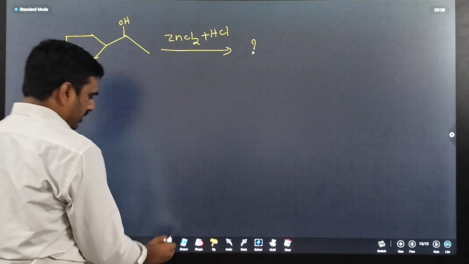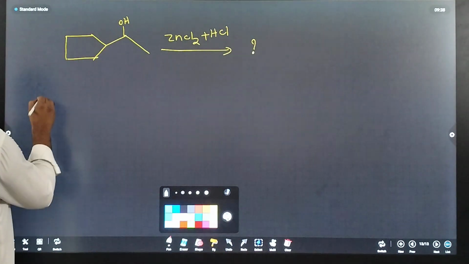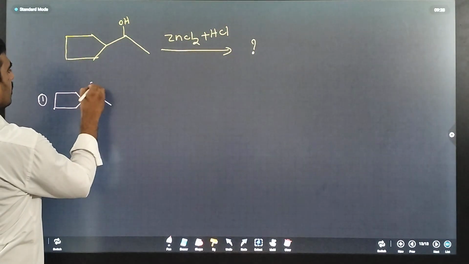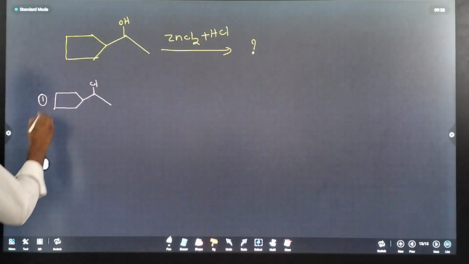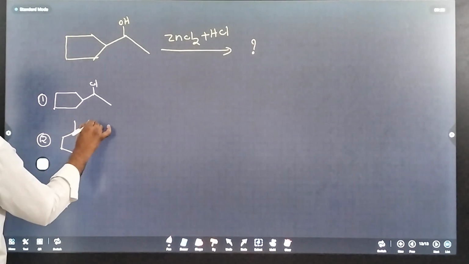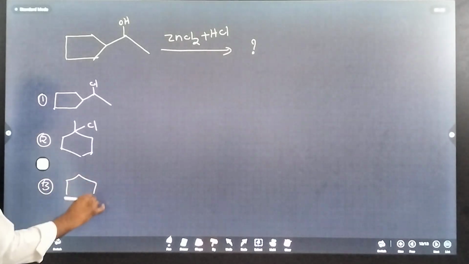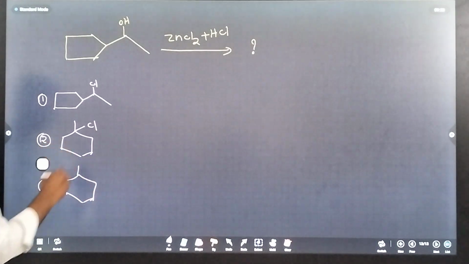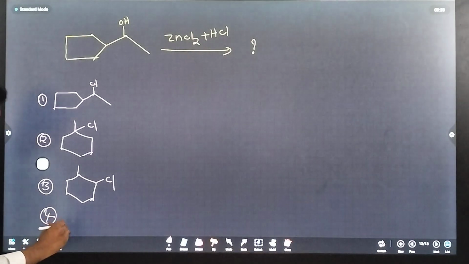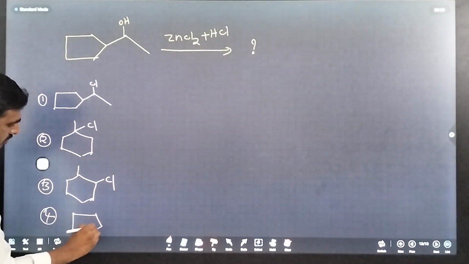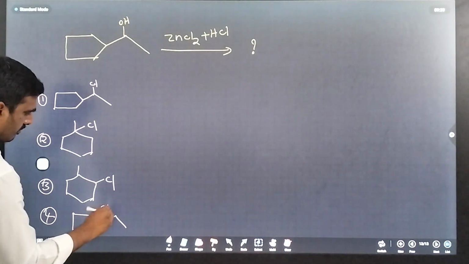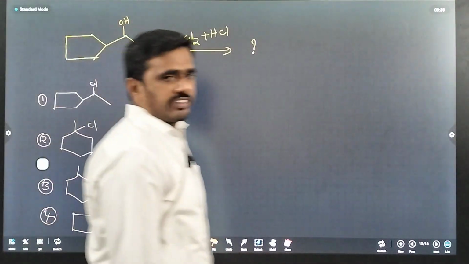Suppose the examiner is asking: option 1 Cl, option 2 Cl, option 3 Cl, option 4 Cl. So which product is formed?